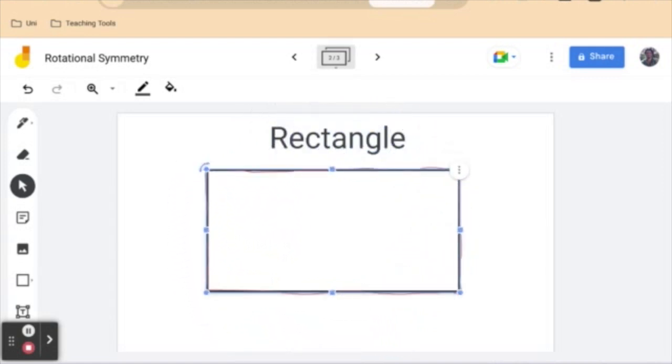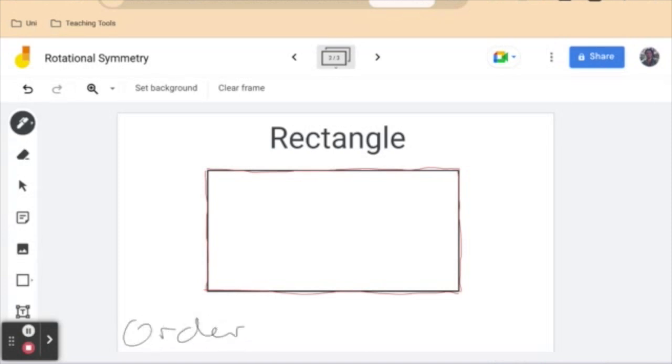And boom, I'm back to my original one more time in that 360 degree rotation. So what's my order? Well, I counted 2 of the original rectangular shape here. So the order of rotational symmetry is 2. I've counted 2 rectangles here.